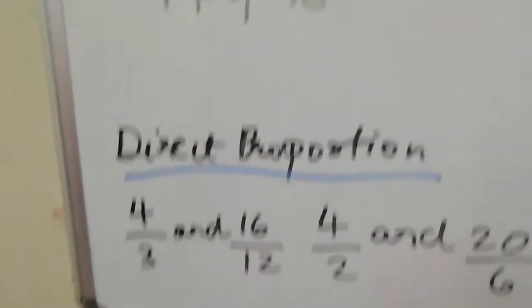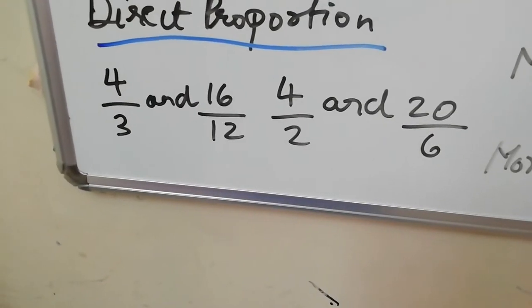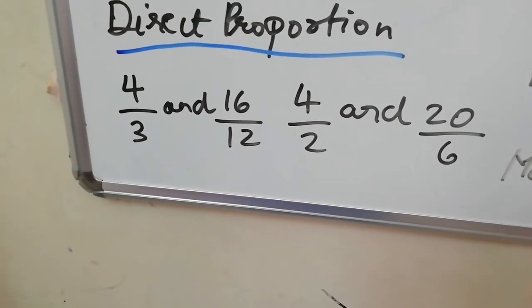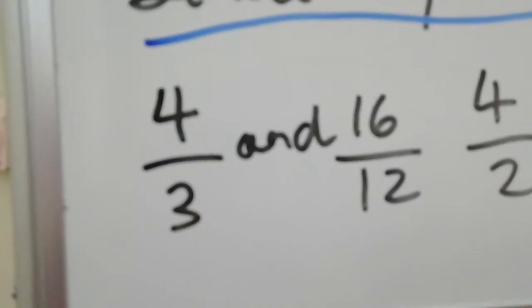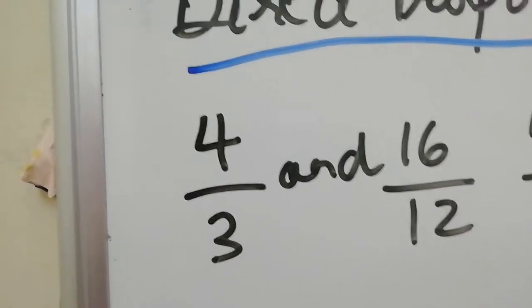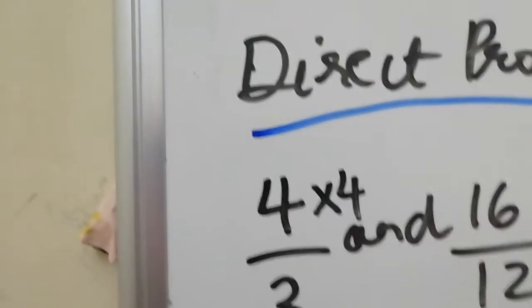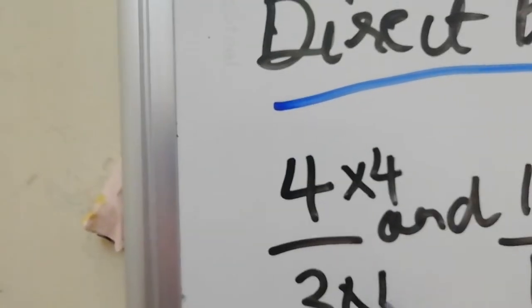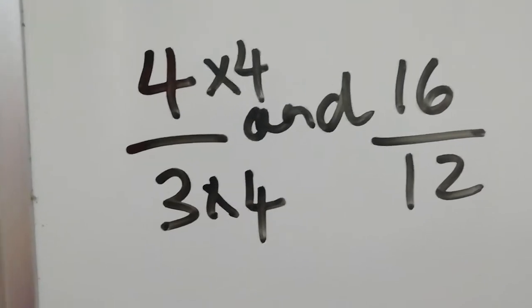Now there is something called direct proportion. Are these ratios in direct proportion with each other? This is 4 upon 3 and 16 upon 12. See, if I do 4 multiplied by 4 and 3 multiplied by 4, I get 4 4s are 16 and 3 4s are 12.